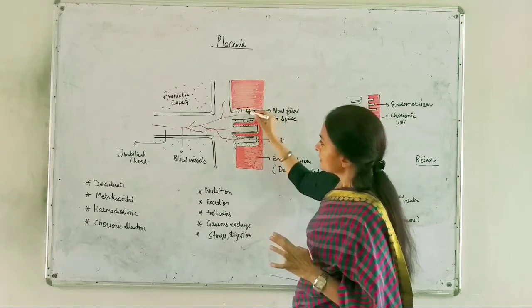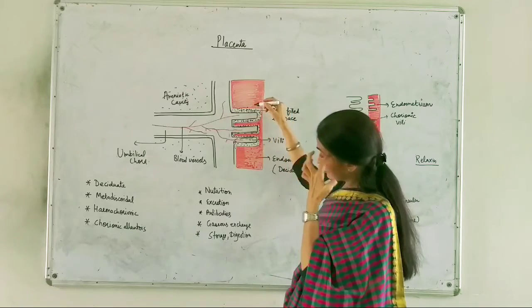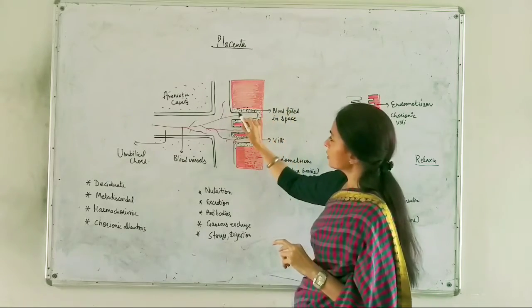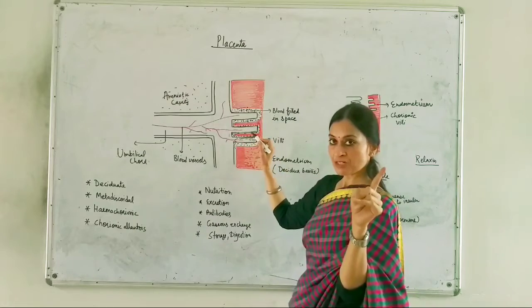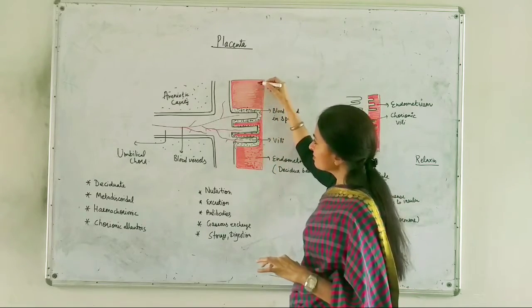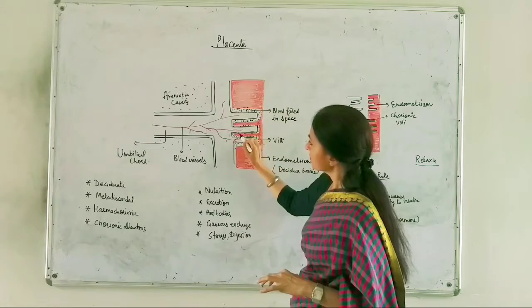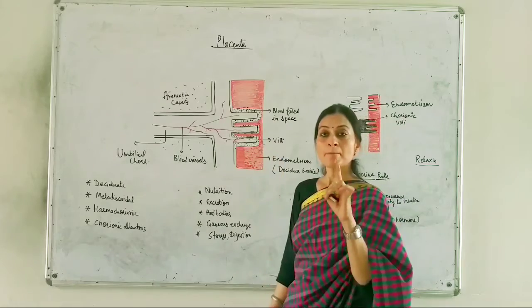That's why this structure has two types of tissue. You can see the chorionic villi from the fetal part, the extra-embryonic membrane, and this lining here also has the maternal area.